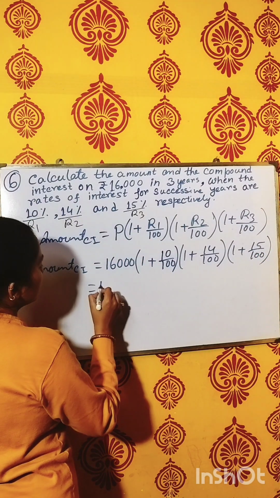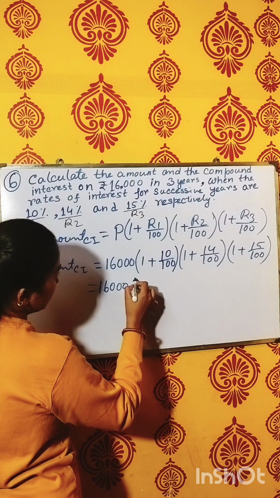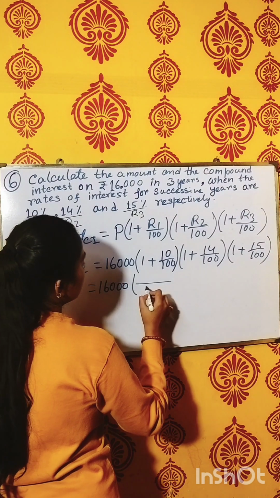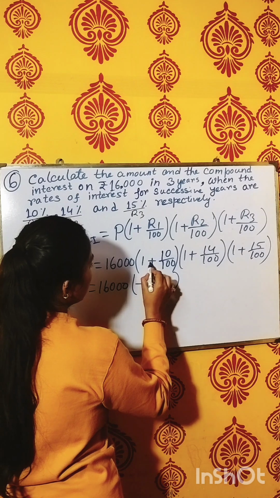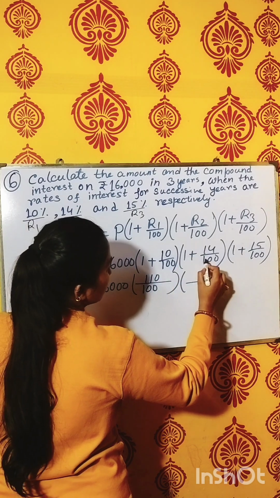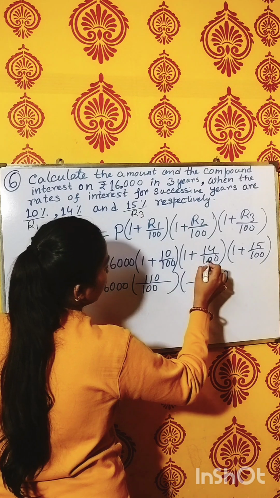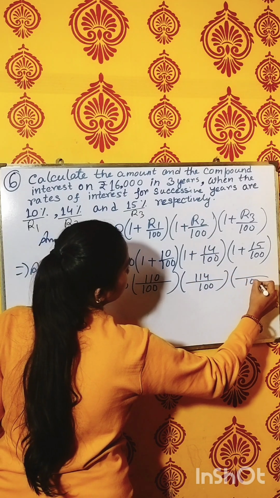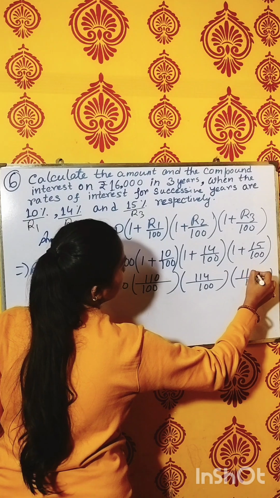Now we can write 16,000 multiplied by, here take the LCM as 100, therefore 100 plus 10 means 110, multiplied by, also the LCM will be 100, 100 plus 14, 114, and 100 plus 15, 115.